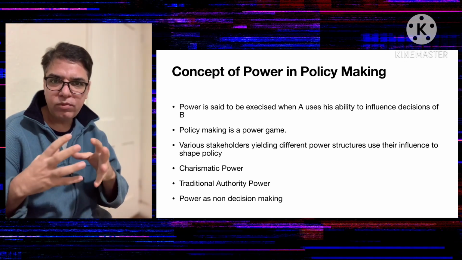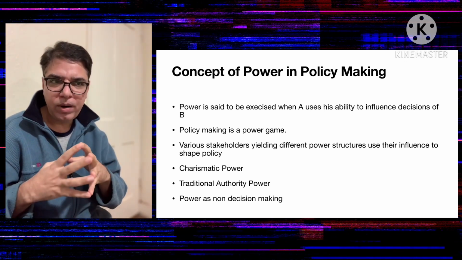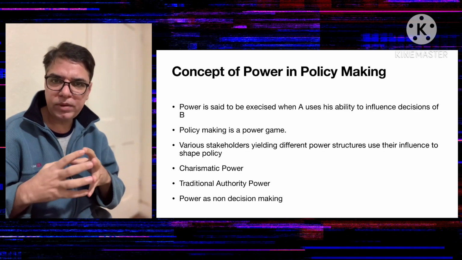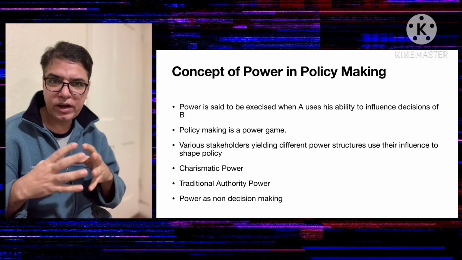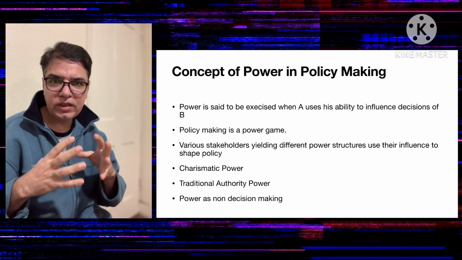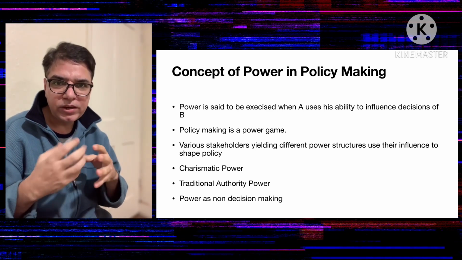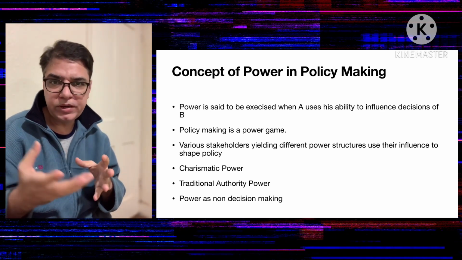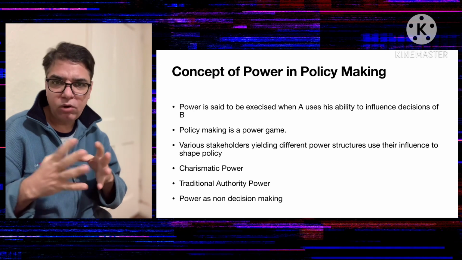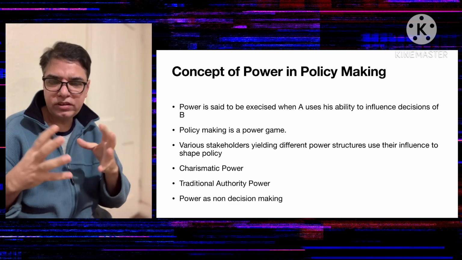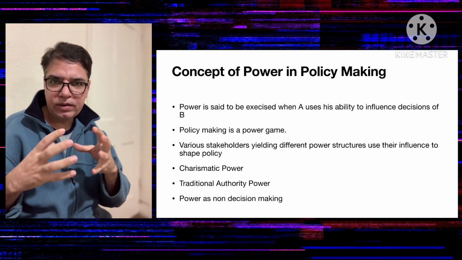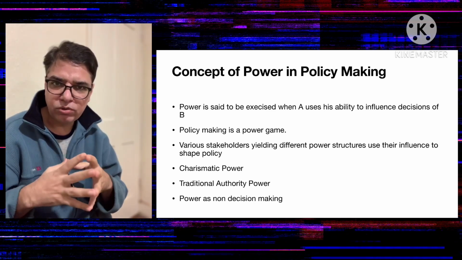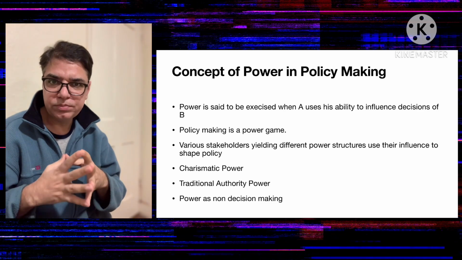So whosoever wields more power, either because they are closer to the power-making circles, or they have financial power, or they have the ability to influence the mind of the public, like the media, electronic and print media, even social media. So how much power they wield. So policy is an outcome of interaction between these different stakeholders, these different pressure groups.